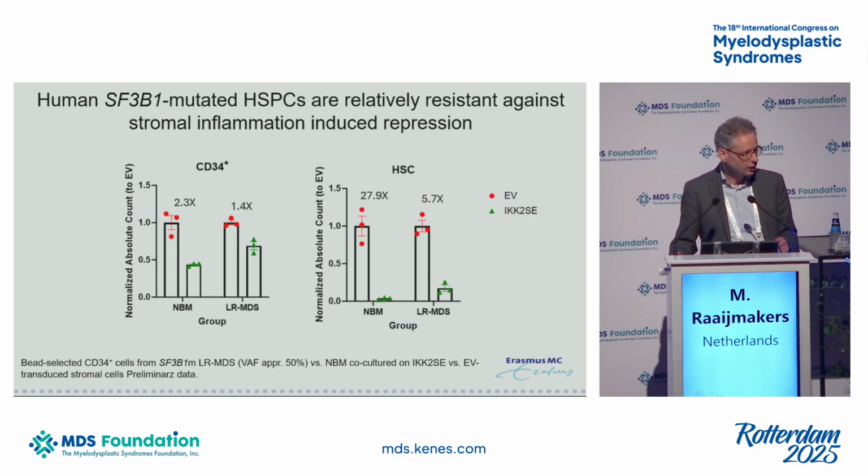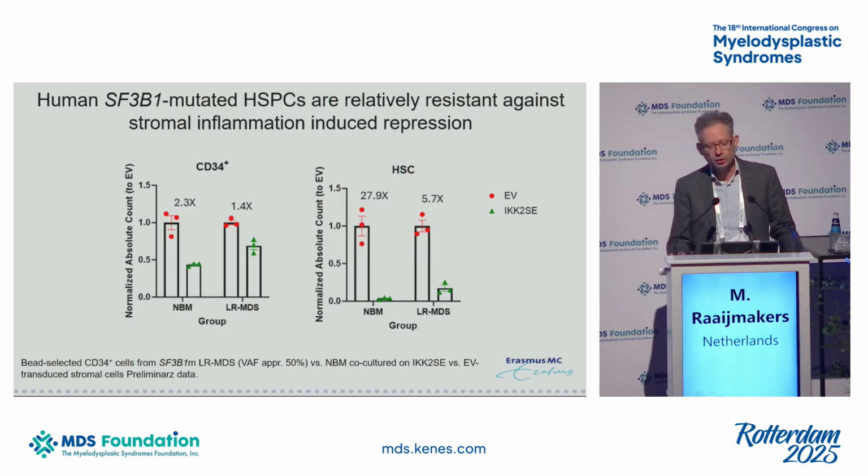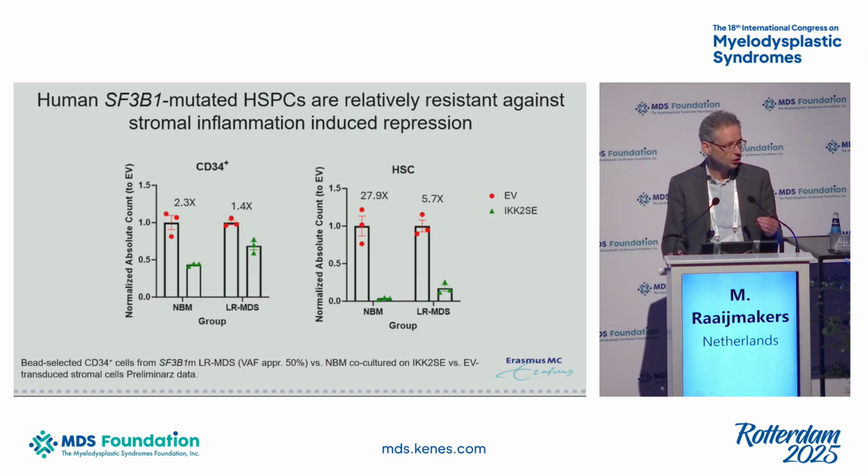Again, we put that into an experimental setting, here using again the ex vivo IKK overexpressing stromal cells. And then what we observed is that this reduces the number of normal non-mutated HSPCs, also the number of SF3B1 mutated cells.